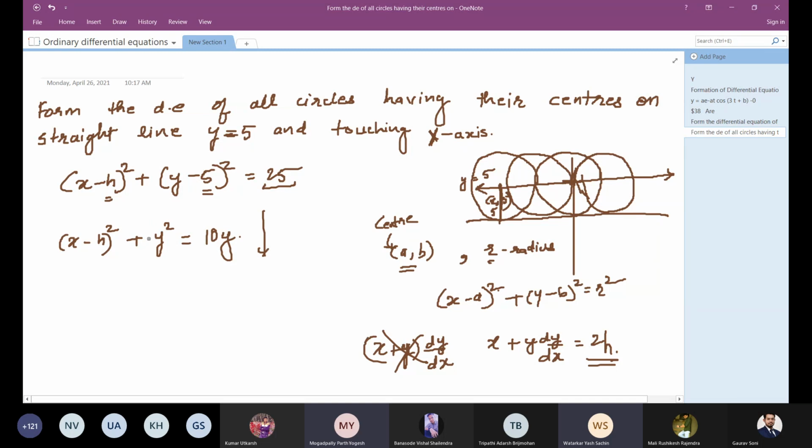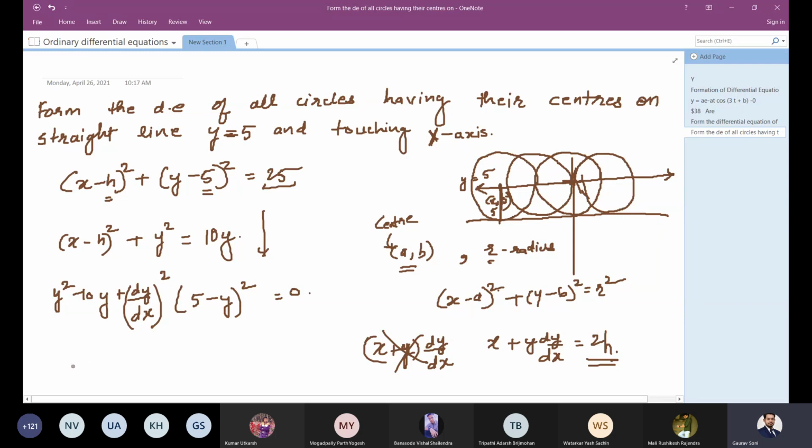So the final answer is y square minus 10y plus dy by dx whole square into 5 minus y whole square. Just a minute, let me write it down. Y square minus 10y plus dy by dx whole square into 5 minus y whole square equals 0.